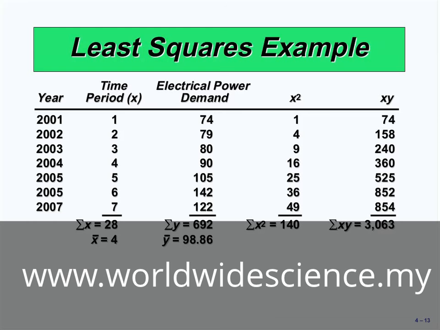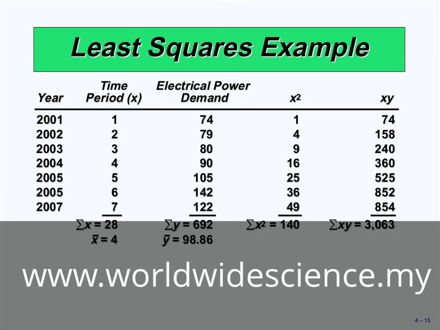Time period is fixed by year, because we want to calculate based on year, not based on months. 2004 is 4, 2005 is 5, 2006 is 6, and 2007 is 7. Sorry, this was a mistake here. After 2005 is 2006.